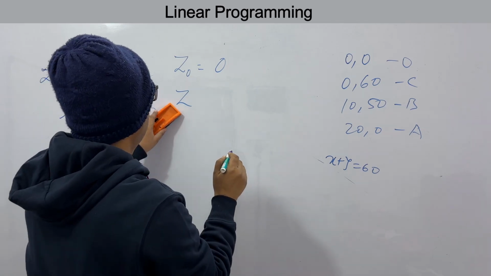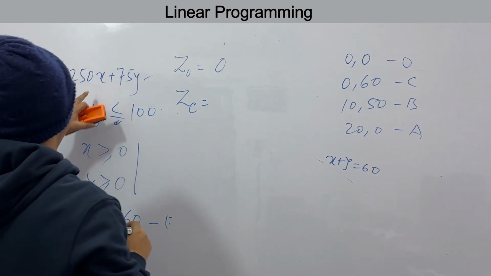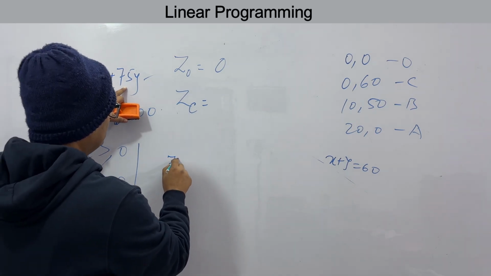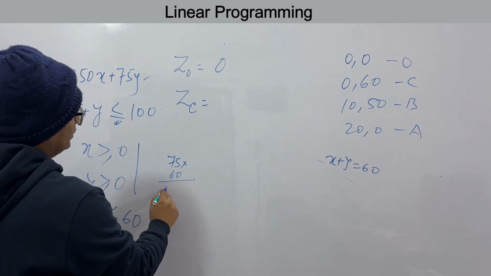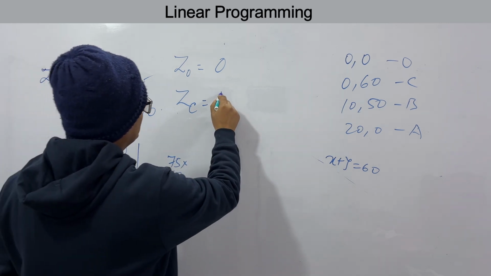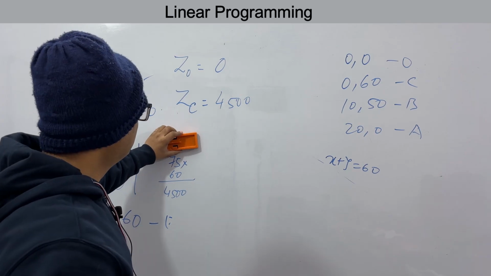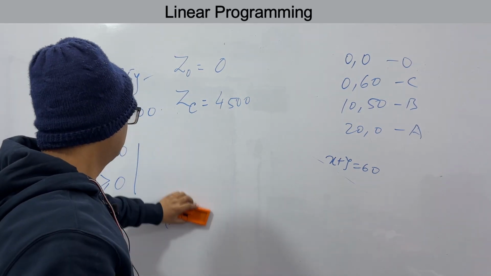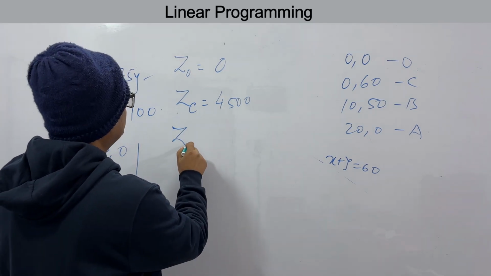Then what is the value of z at C? X is 0, so this is 0, and 75 into 60. What is it? 4500. So the profit that the shopkeeper will get is 4500. What will be the profit at point B?